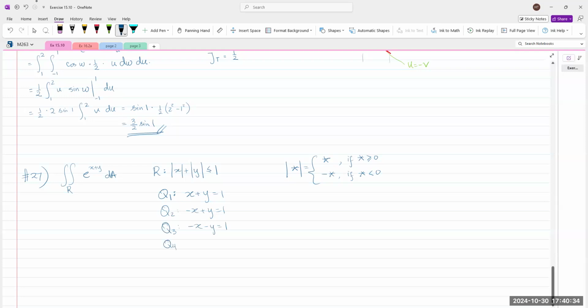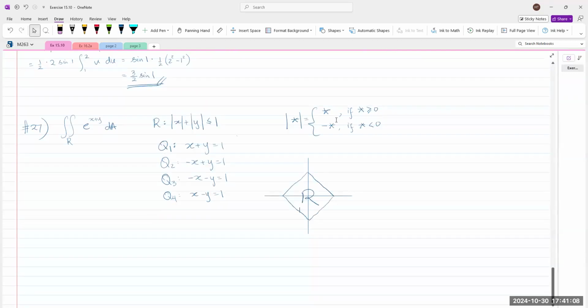In quadrant 4, y is negative. If we draw all these, the first one, x plus y equals 1, will give us this. The second quadrant, y equals x plus 1, gives us this. The third quadrant gives us this. The fourth quadrant gives us this. Okay, so that's the region. That's the region R.